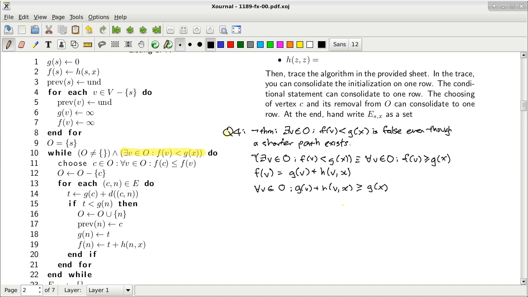And we know all the h values are not overestimating because that's a given in the theorem itself. So what this means is all of the g of v's are not reflecting the length of the shortest path to the v's.